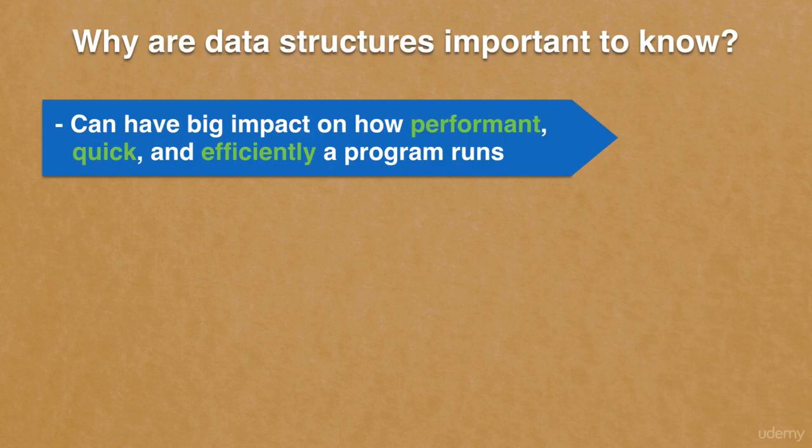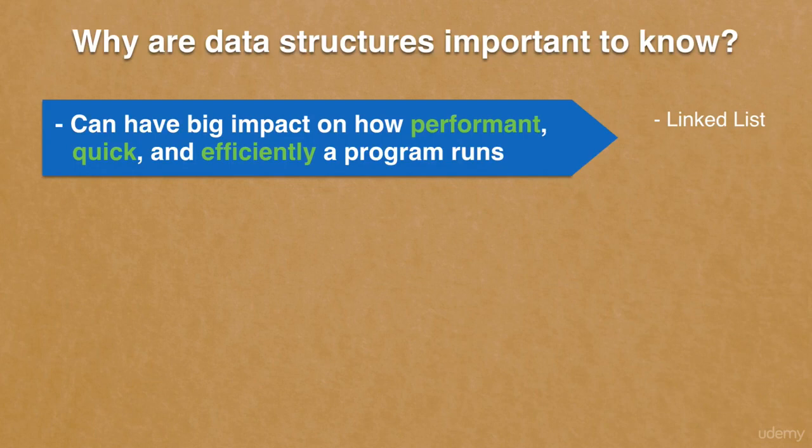So, for example, if you are constantly storing data, but you're not going to be retrieving it that much. For example, let's say that you work at Twitter and you are in charge of storing really old tweets in a database. Then in this case, you would want a data structure like a linked list, which is really fast at recording a lot of data, even though it's not the fastest at retrieving that data.